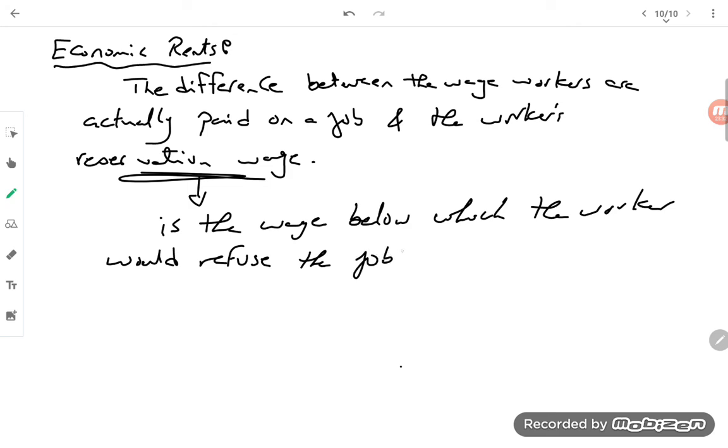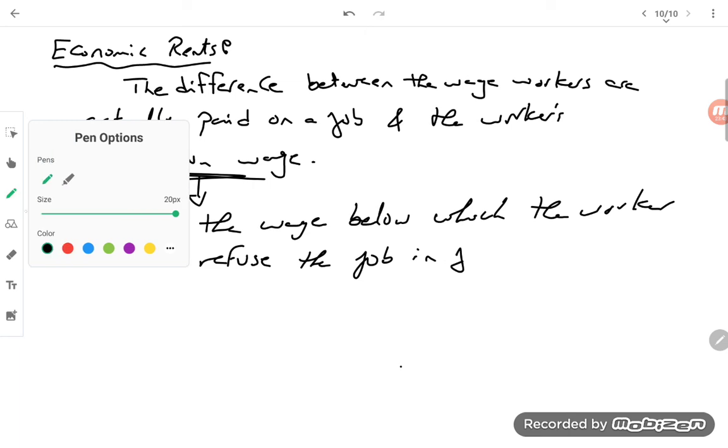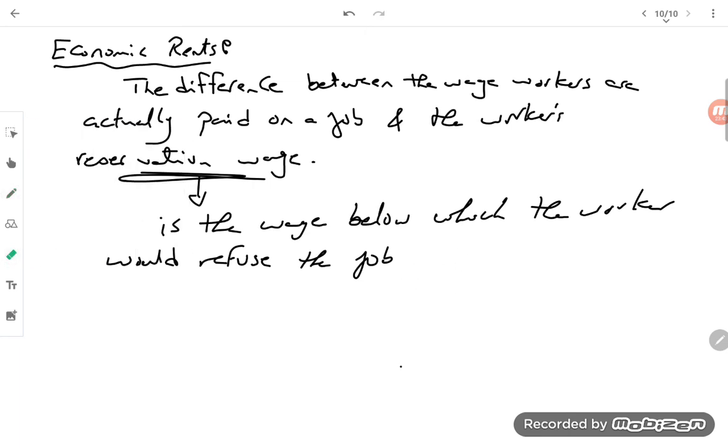So it's like the minimum wage rate I'm going to accept. It's not the minimum by law, it's the minimum from my point of view. So it is the opportunity cost to the individual worker for giving up hours of leisure for market work.